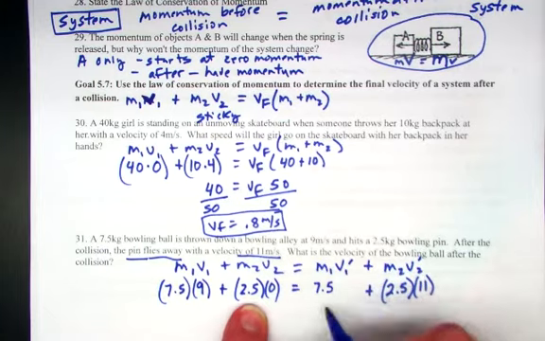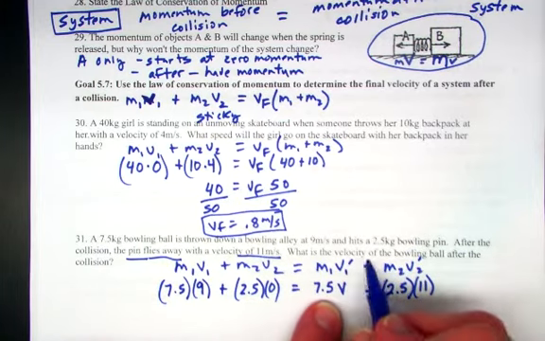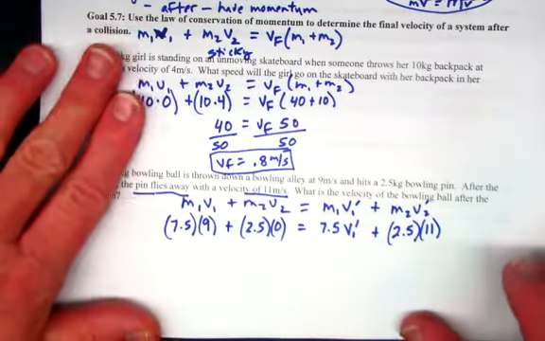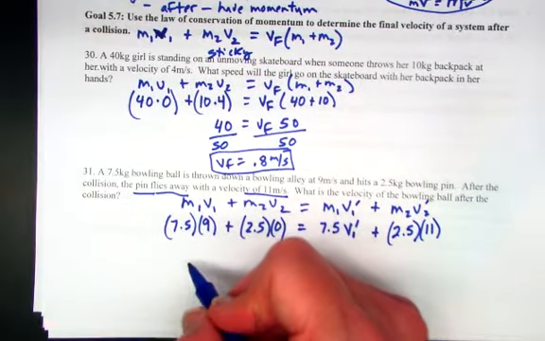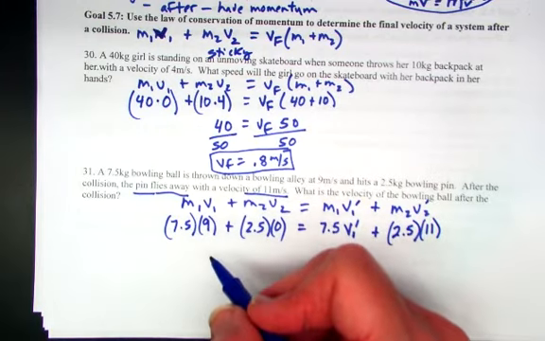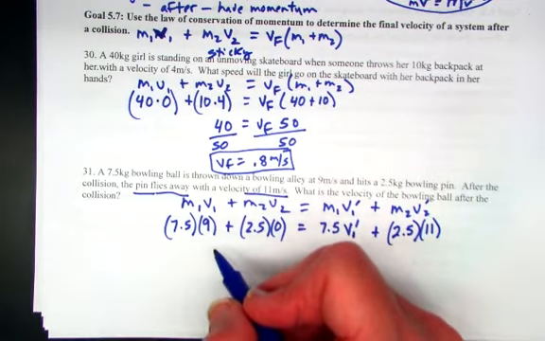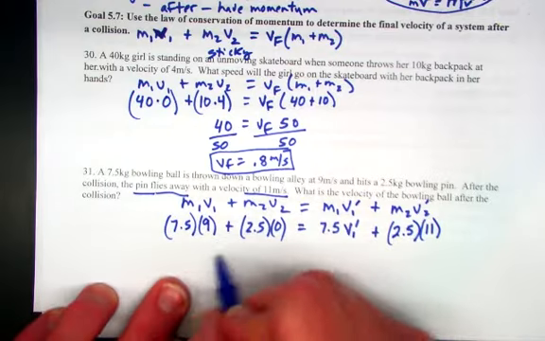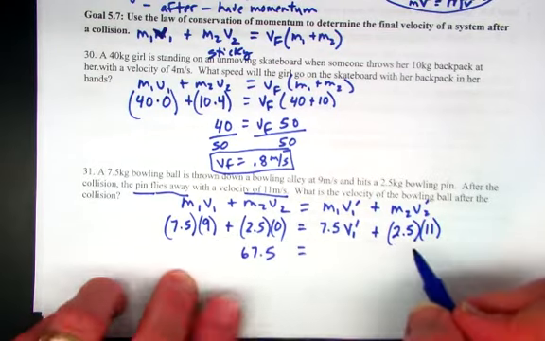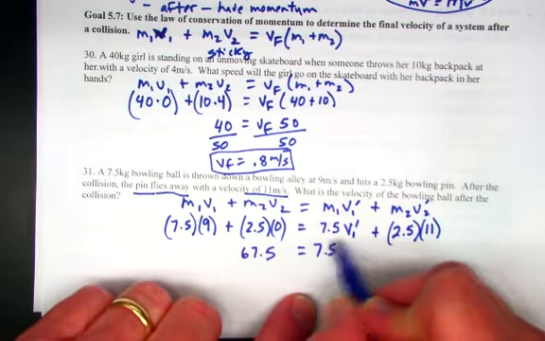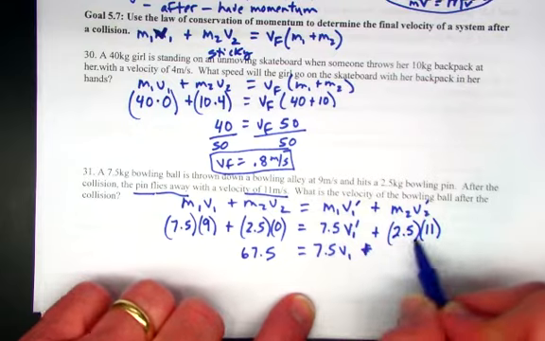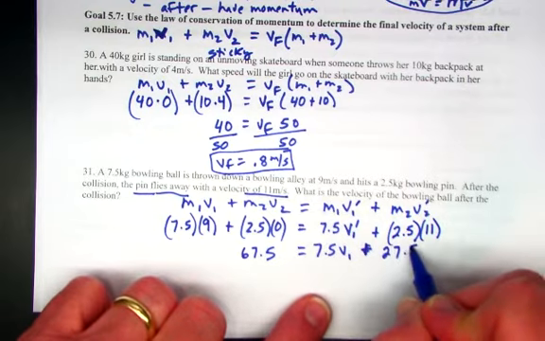Bring down your plus, and then you can see, what's the velocity of the bowling ball? This is my unknown, what I'm looking for. Now I just have to use a little algebra. 7.5 times 9 turns out to be 67.5. And that equals, I can't cancel anything out yet, but I can multiply these together, which turns out to be 27.5.